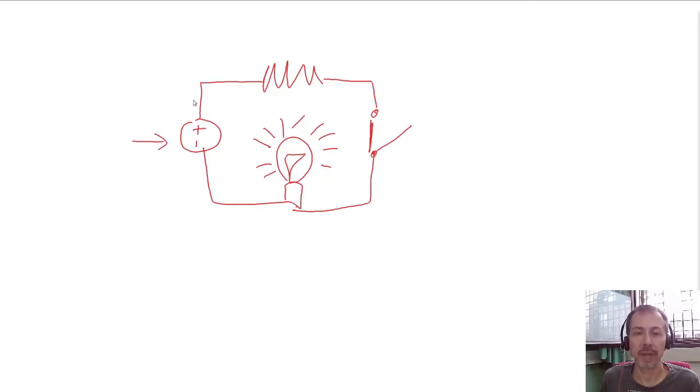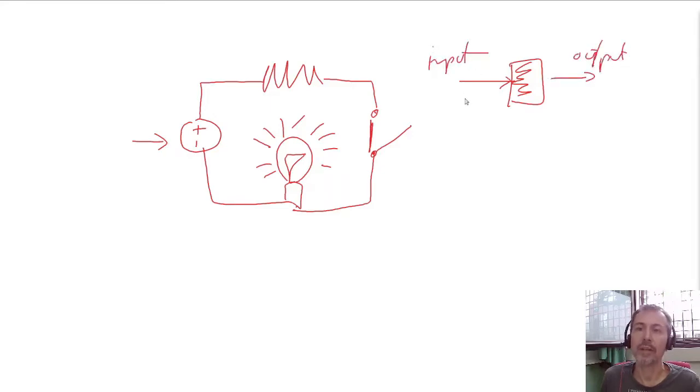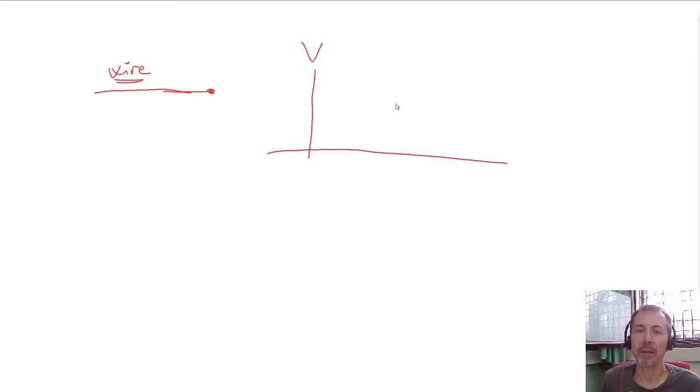So what are the signals? Remember that we have the computer, something that receives a signal, an input, and produces an output. What are those signals? Imagine you have a wire here from where we will receive the signal. You will have a voltage, and the voltage will vary over time.